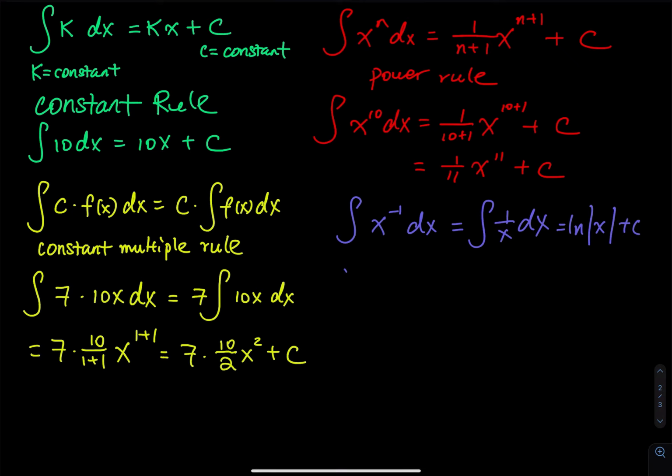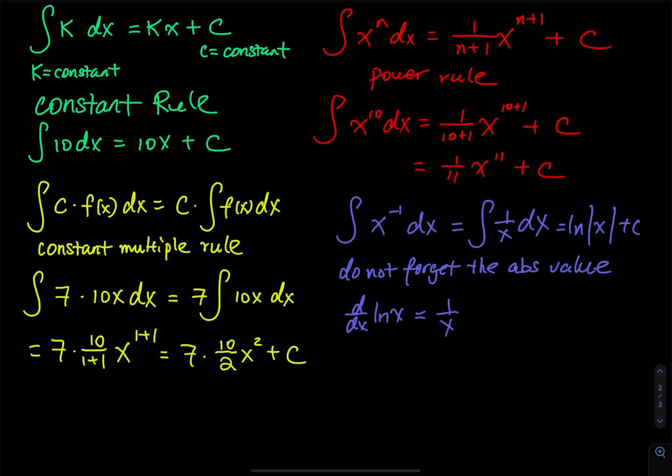For x to the -1, you cannot use the simple power rule. Why is this true? The derivative of ln x equals 1 over x. So when you take the integral of 1 over x, you get ln x back.